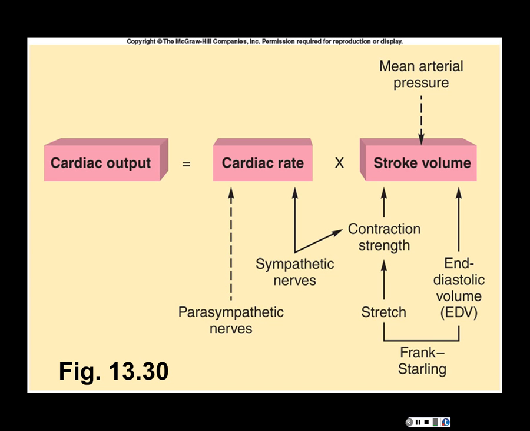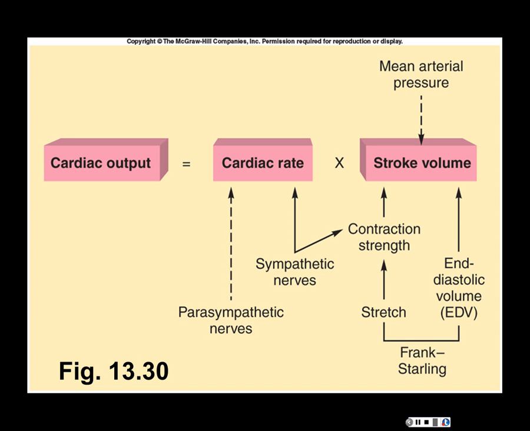But we learned that contraction strength or contractility can be increased not only by preload, it can be directly activated by our sympathetic nervous system. The sympathetic nervous system can act directly on our contractile cells to increase contractility and stroke volume.